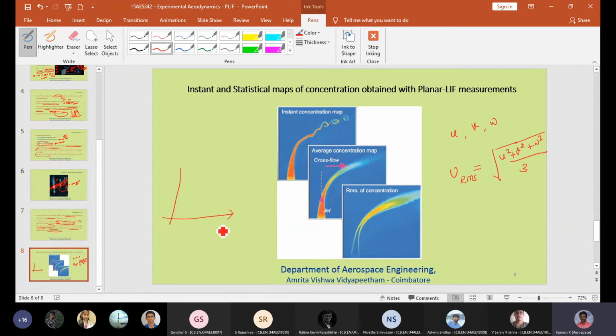For example, if you have u and v, instead of simply putting a resultant, we use the root mean square, the square root of u squared plus v squared divided by 2. Okay, sir, understood. It's basically an averaging technique to simplify, coupling three or four pieces of information together instead of presenting them separately, to get a holistic picture.